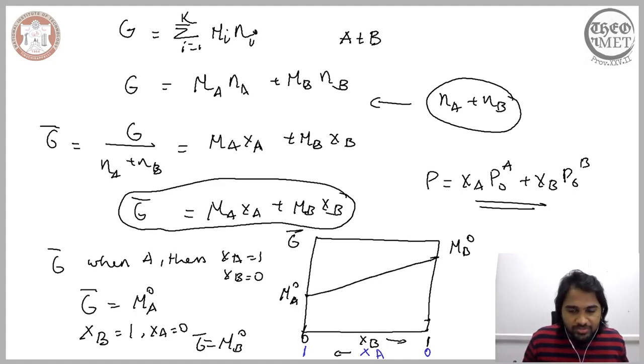This is the nature of how the Gibbs free energy changes for the mixture of A and B.